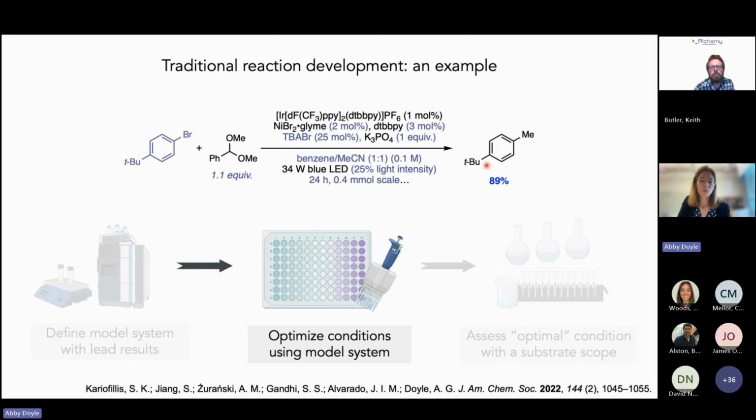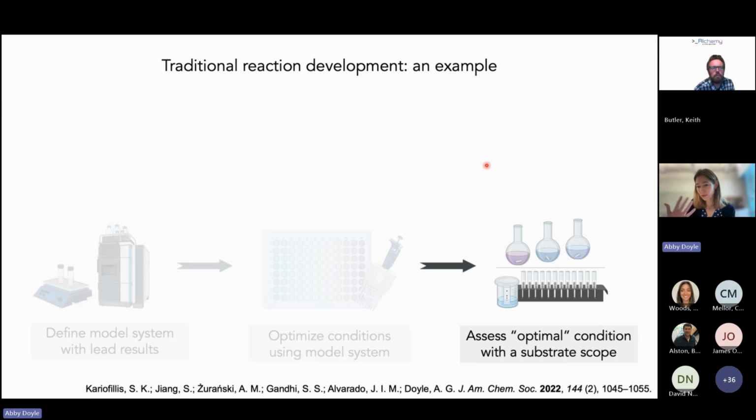And then we want to assess how good those conditions are across a diversity of chemical space. We do this because when we started off trying to discover this reaction, we didn't necessarily want to make that specific product, but we wanted to establish proof of concept that this catalyst system works.